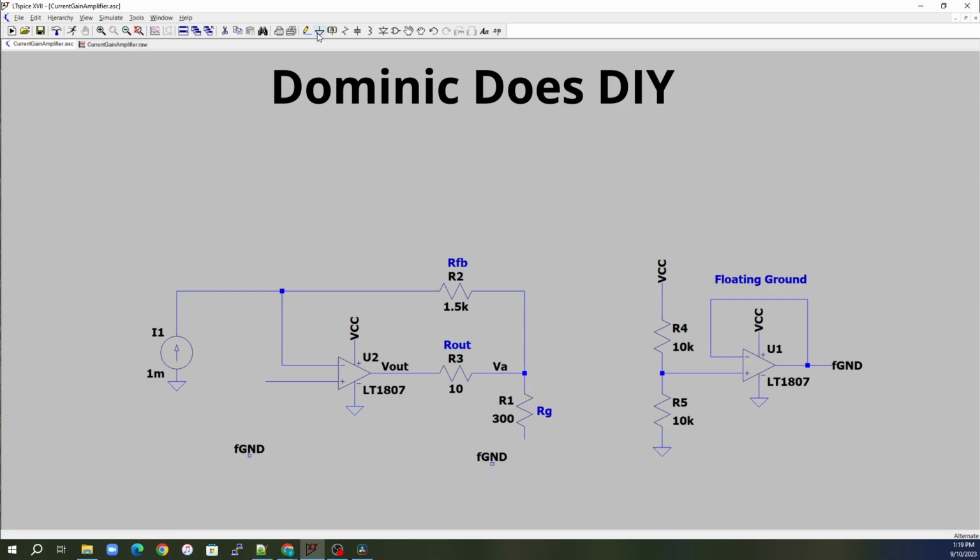So I'm going to go ahead and run this circuit one time, and I'm just going to put the grounds back in how it was originally, because now we're no longer using the ideal op amp. Now instead of the ideal op amp, we're using this LT1807.